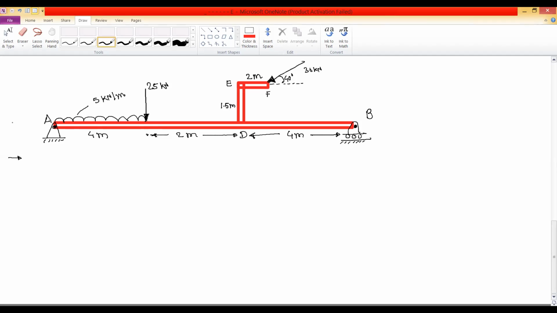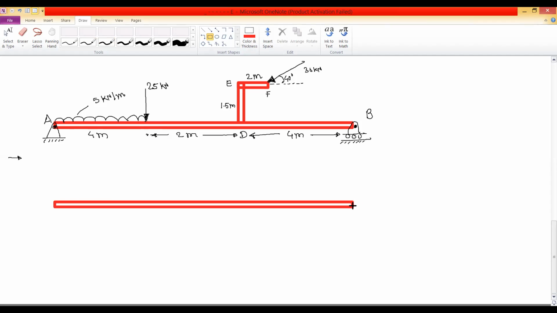Your first step will be to draw the free body diagram. For the free body diagram, draw the given beam as it is. So this is the beam ABCD.